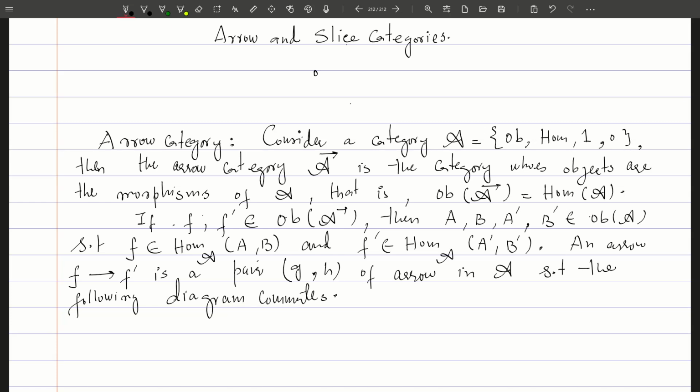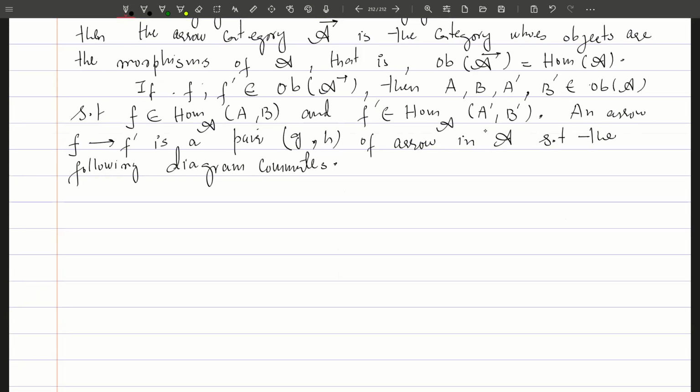In the given category A, we have object A and object B, and between these two objects we have an arrow F. Similarly, we have object A prime and B prime, and between these two objects we have the morphism F prime. Now these F and F prime are the objects in the arrow category. So there must be an arrow which carries this object F to this new object F prime.